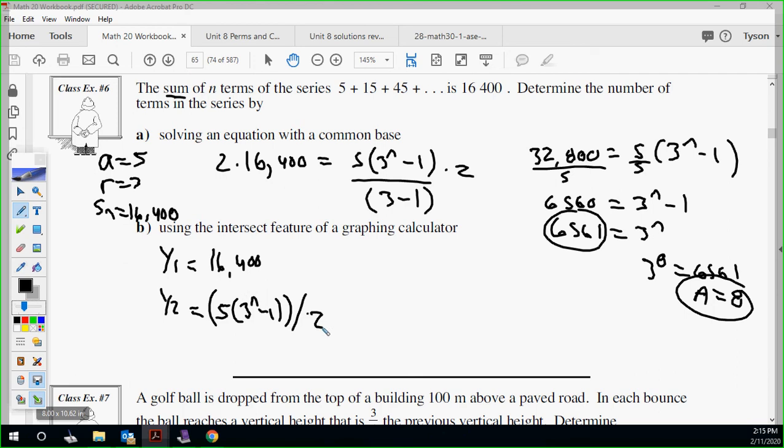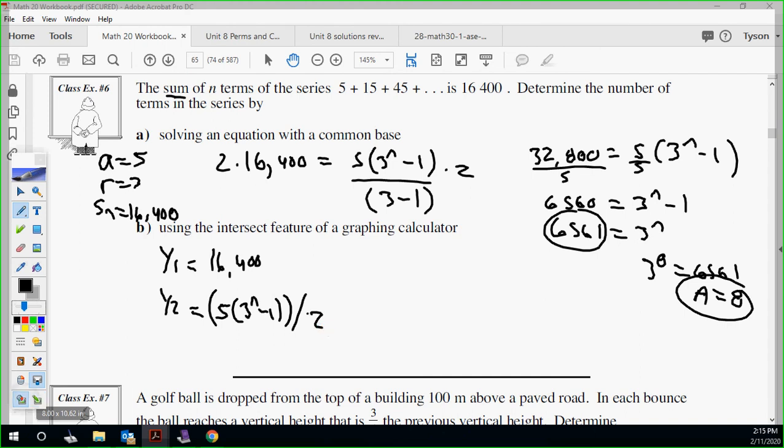And you'd find the intersect point of those graphs, and it gets you 8 again. The same thing for your calculator. You can do that way. That's a sound way for right now, finding n. Maybe after the video, I'll show you guys that again. I just don't want to put it on the video for right now.